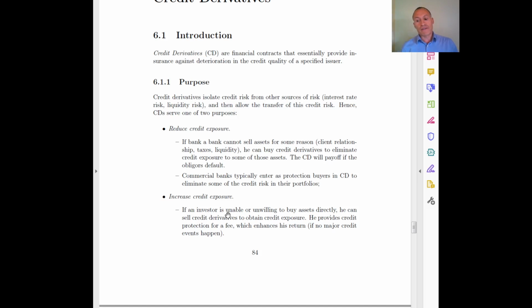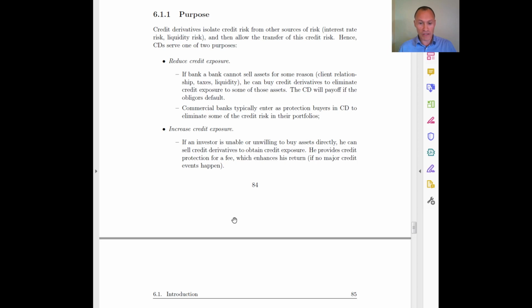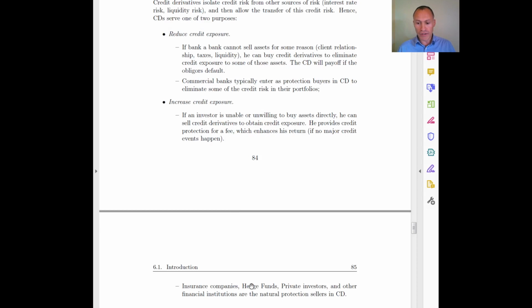So one way to get that exposure, to get the risk and hopefully get the premium, is through credit derivatives, by selling credit derivatives. This would be the role of an insurance company, for example. They would be selling insurance. If everything goes well, they profit from the premiums. If things go badly, they have to pay the losses that happen. Okay. So you'll see on this side insurance companies, real insurance companies, hedge funds, like I said, private investors, and so on. Right?